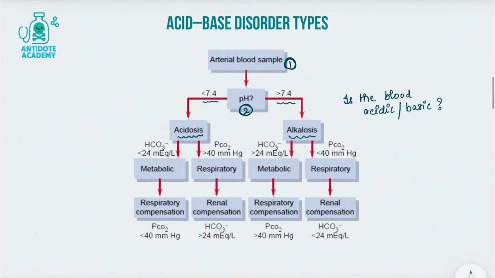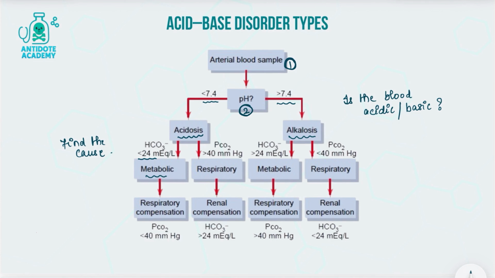Second, we have to find the cause. We check the bicarbonate and carbon dioxide to see if the problem is metabolic or respiratory. In acidosis, if the bicarbonate is low, that is less than 24, it's a metabolic acidosis.